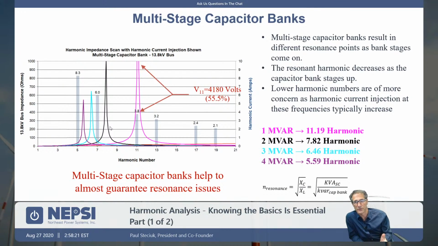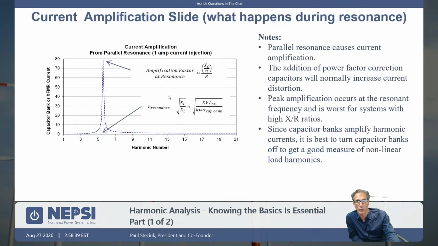So I would see this as a system that potentially could be problematic, and the results would be a very high voltage distortion. So in this case, we would consider detuned banks or even a tuned bank close to the 5th harmonic. And we're going to be talking about that next week, why that benefits you and what it does.